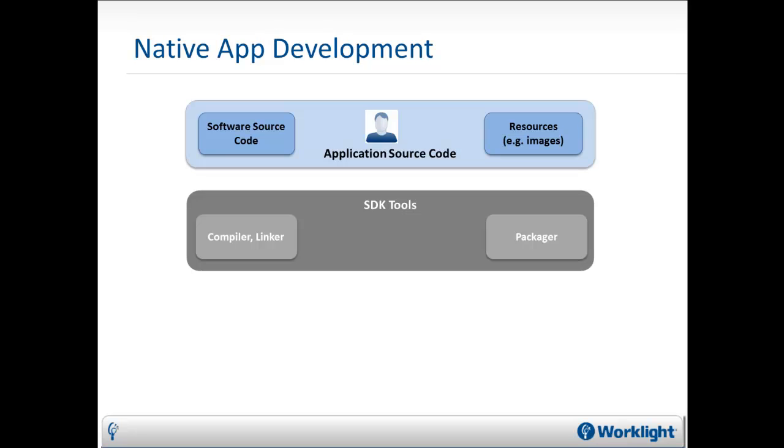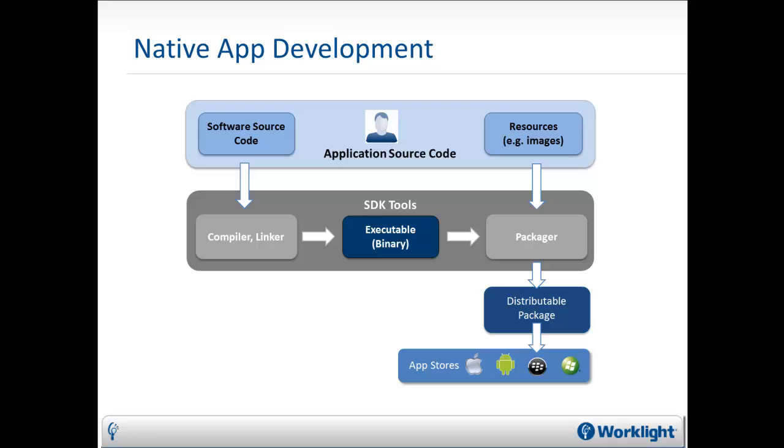They then use the tools provided by the operating system vendor to compile the source code, sometimes also link it, in order to create an executable in binary form, and then package that binary executable together with the resources of the app in order to obtain a package that can be distributed to the mobile devices through app stores or other means. These tools and a few other utilities and files are usually called the SDK of the mobile OS.